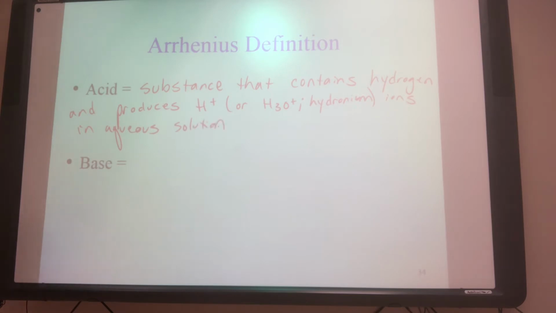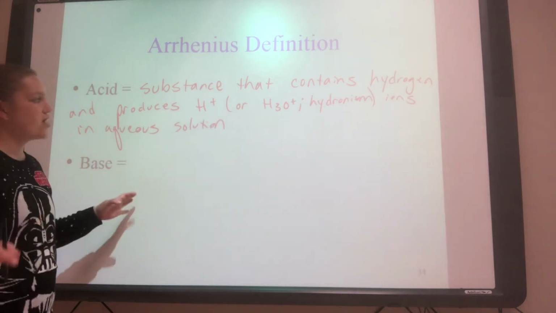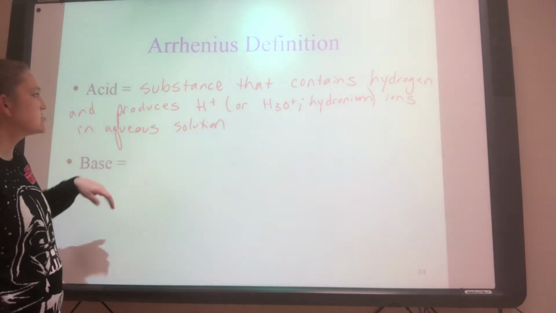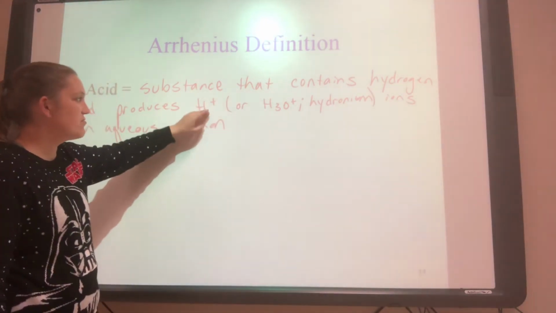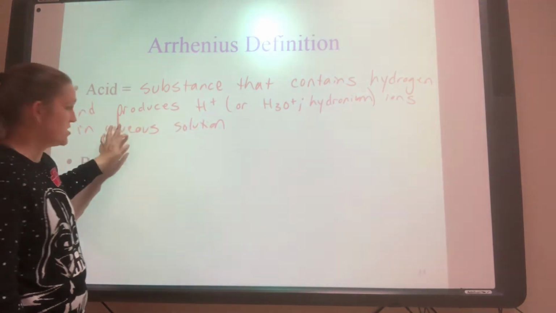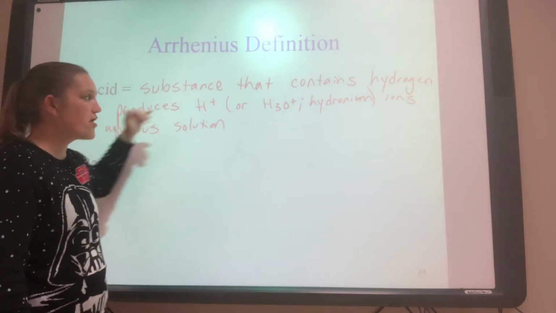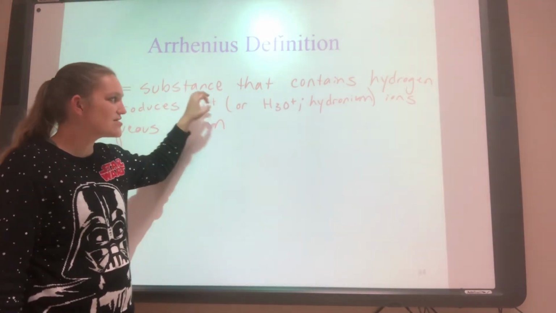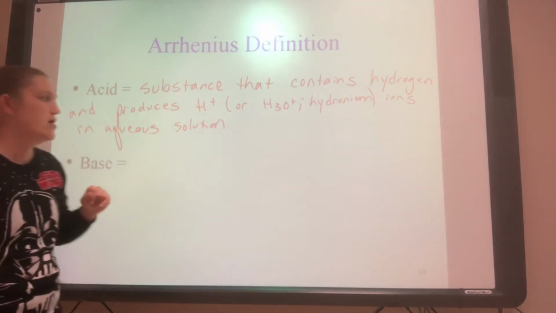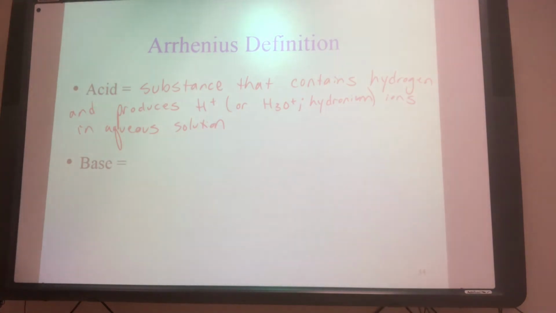Now we'll talk a lot more about acids. There's a whole chapter next semester about acids. The reason we have H plus or H3O plus is because the acid could produce H plus in water, because it's aqueous, and react with the water to make H3O plus. So sometimes you need H plus and sometimes you need H3O plus. It just depends on how you're looking at it. So these are going to have H and produce either the hydrogen or the hydronium ion.